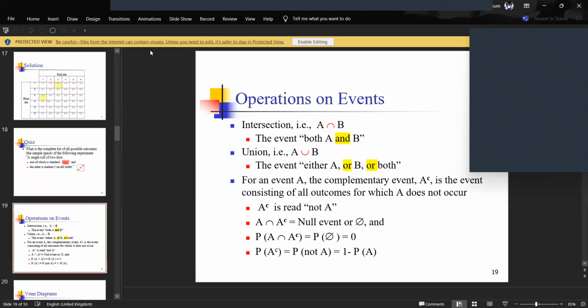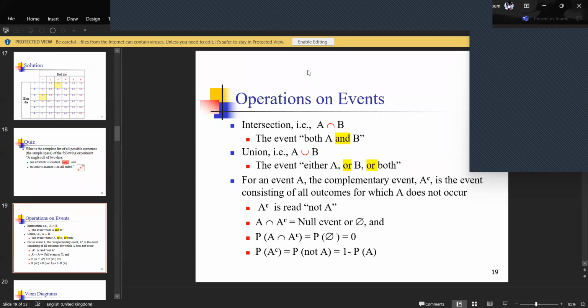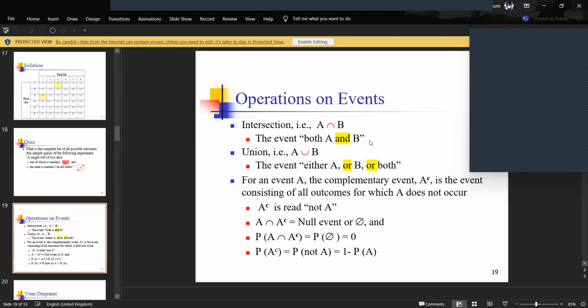Okay, so let's take a couple of operations for the events. First off, we have an intersection, which is saying both A and B. So if we toss a coin and roll the dice, what we're saying is this event will have heads, and also we will get 3. All right.